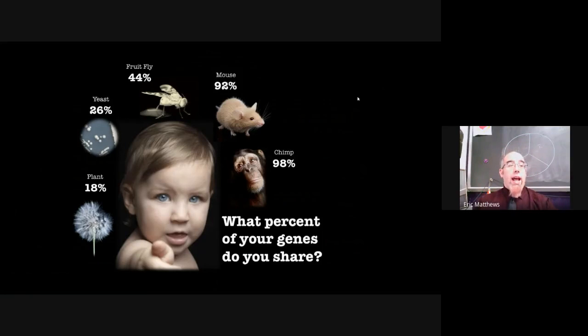Even with something as different as yeast, we share 26% of our genes. With something mammalian like a mouse, we share 92% of our genes. And obviously, our closest living relative, chimpanzees, we share upwards of 98%. So we share a lot of our genes with everything else on this planet. We are all, to some degree, the same thing.